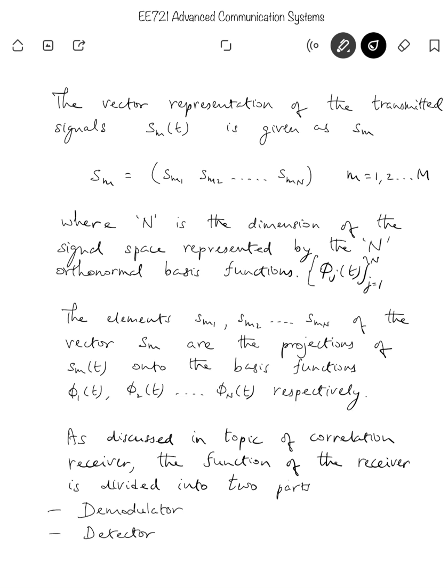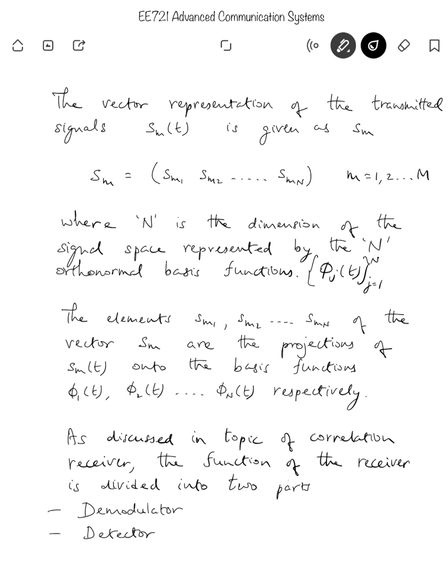Those projections are the elements of our vector that represent the signal in the signal space. That's just a quick review of the things we have been discussing so far.